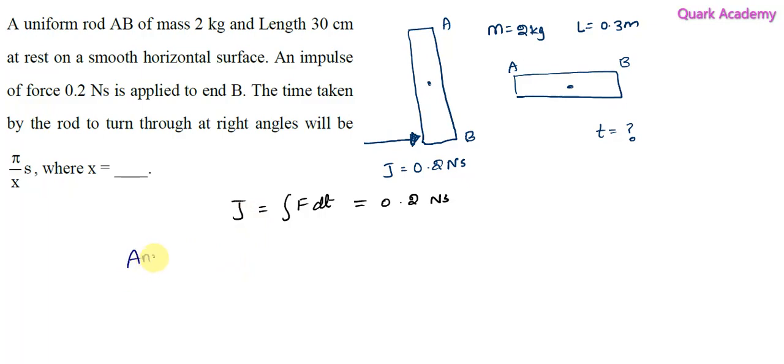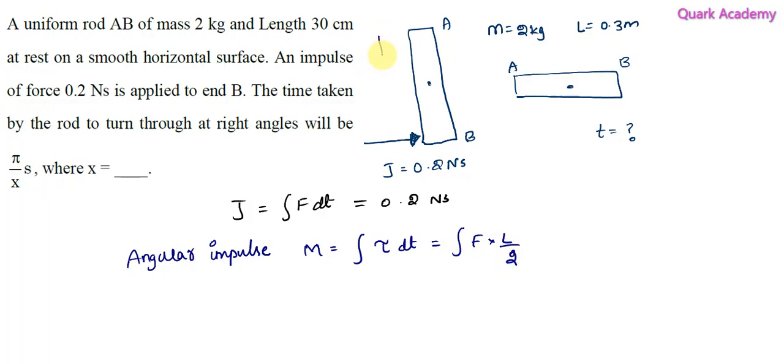We can write in the same way angular impulse. Let me write it as M. The same way we can write, instead of force, we can use torque, tau into dt. Now, in this case, if you want to find the torque, then this will become force into L by 2.